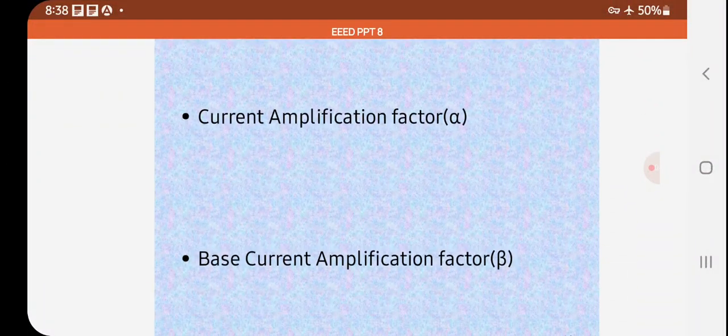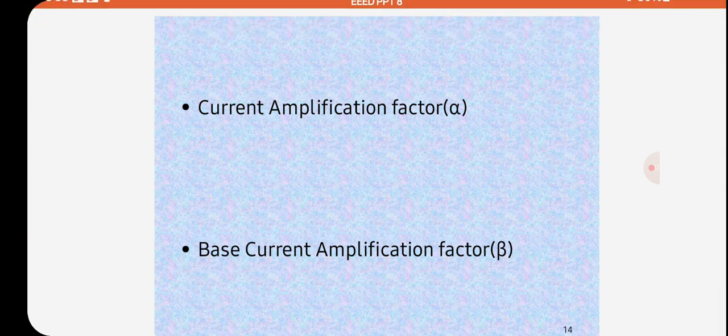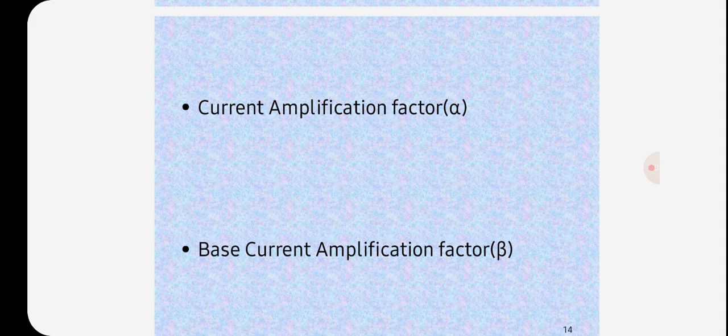Next we go for current amplification factor and base current amplification factor. The current amplification factor symbol is alpha. It is the ratio of change in collector current to the change in the emitter current at a constant collector base voltage VCB.